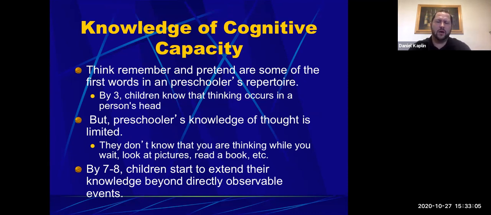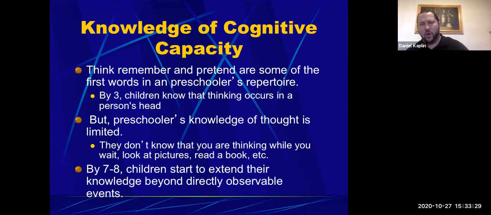So I said that cognitive capacity increases with age, right? So how does that happen? Well, as we get older, we start to develop an awareness of things beyond that which is observable. So if you're a 3-year-old, you might think that thinking actually occurs in a person's head and that's just it, right?